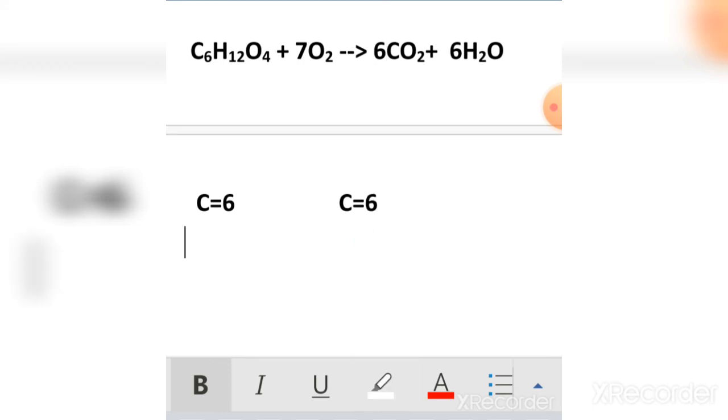For hydrogen, in the reactants, there are 12 atoms. In the products, there are also 12. So they are equal.